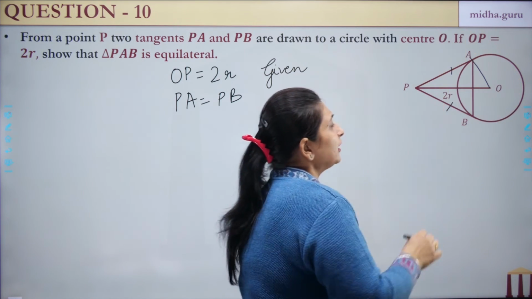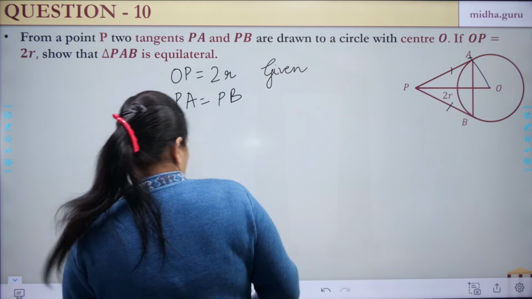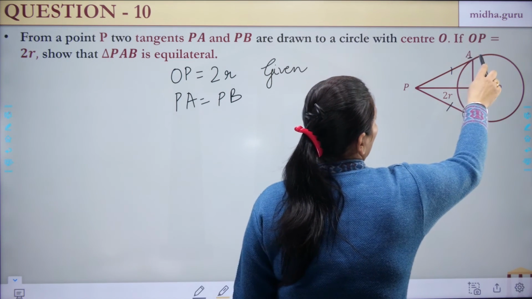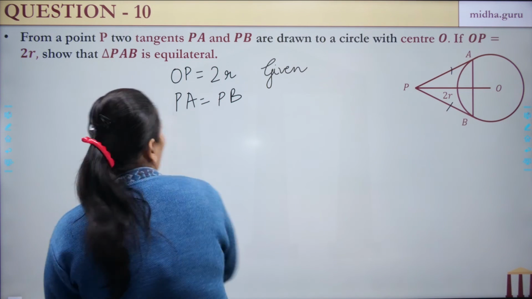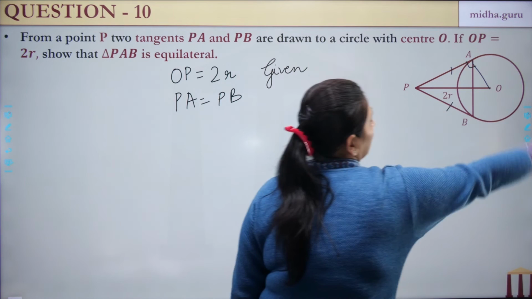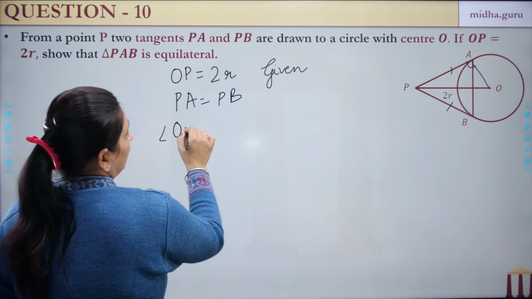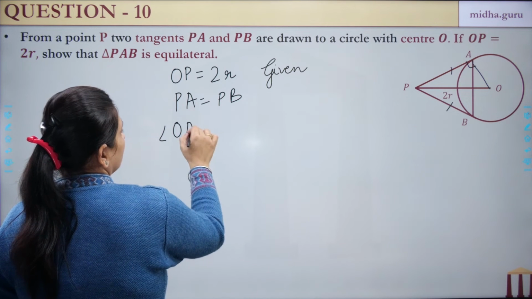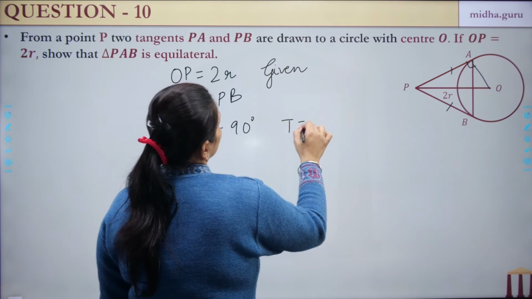First step is we'll join OA, which will be perpendicular to PA. So, angle OAP is equal to 90 degrees, again from theorem 1.